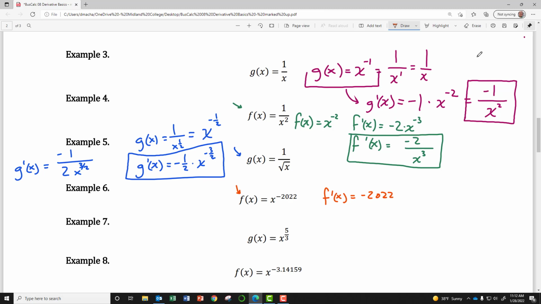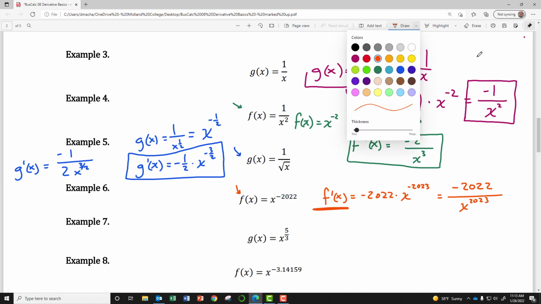So I'll write negative 2022 right there, times x to the power, and I'm going to decrease my exponent by 1, so this would be x to the power negative 2023. And again, if you want to represent this in a different way, you can write negative 2022 divided by x to the power 2023. Those are equivalent ways of expressing that derivative.